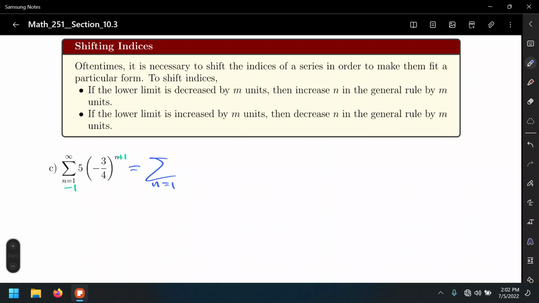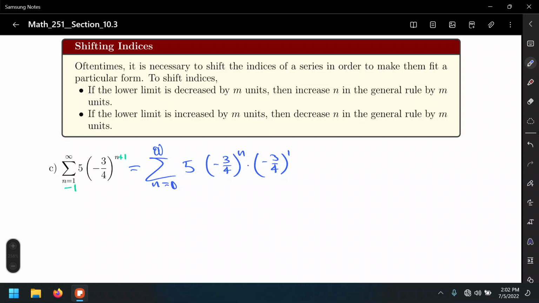So the series goes from n equals 0 to infinity of 5 times negative 3/4 to the n times negative 3/4 to the first power. We're going to use laws of exponents and rearrange the series just a little bit so we get the desired form.